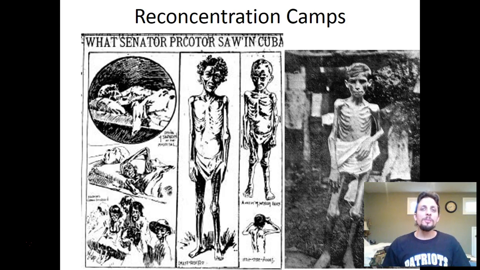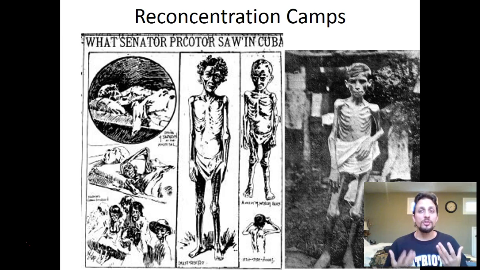Now, what are some of the real tragic events that are actually happening in Cuba? Well, what was going on in Cuba is they had these things called reconcentration camps. What the Spanish were doing is when they were capturing Cuban revolutionaries, they were putting them in these camps called reconcentration camps.